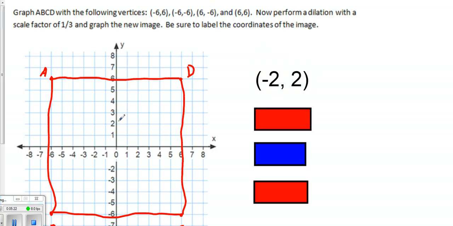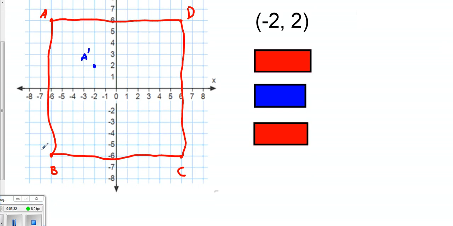And what we would call that, the next point then is at -2, 2, we would call it A prime. Okay, same thing with B. We were at -6, -6. Multiply it by 1/3. 1/3 of each of those would be -2, -2. So we would be right here. And again, no longer be B, we'd call it B prime.